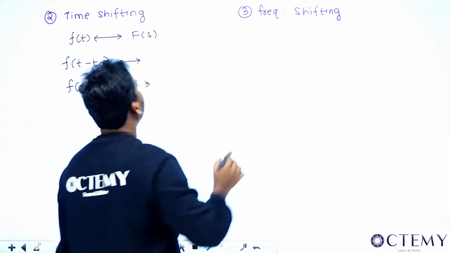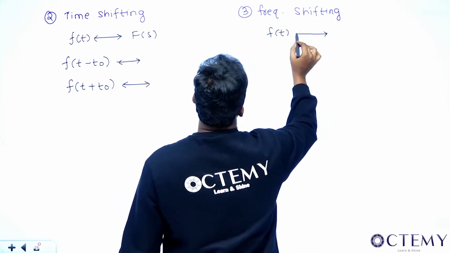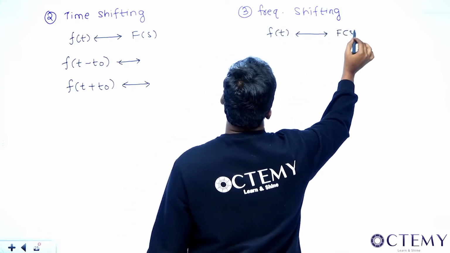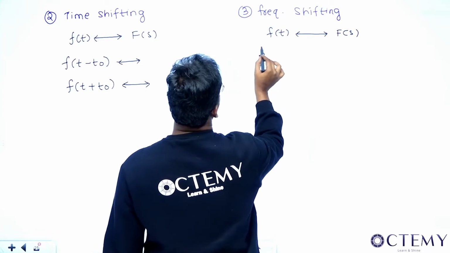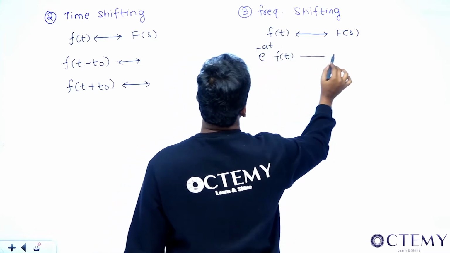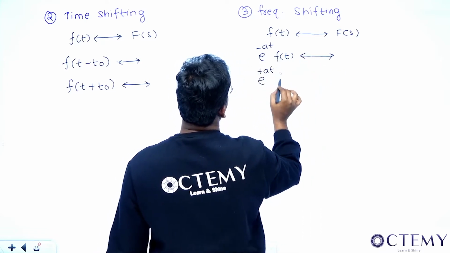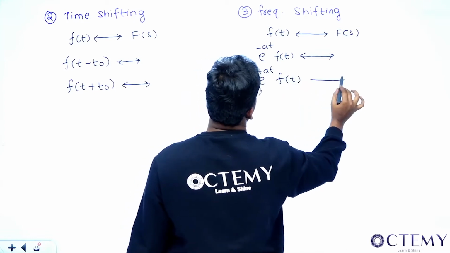Similarly, if the Laplace transform of f of t is F of s, then what will be the Laplace transform of e power minus at f of t and e power plus at f of t, right?